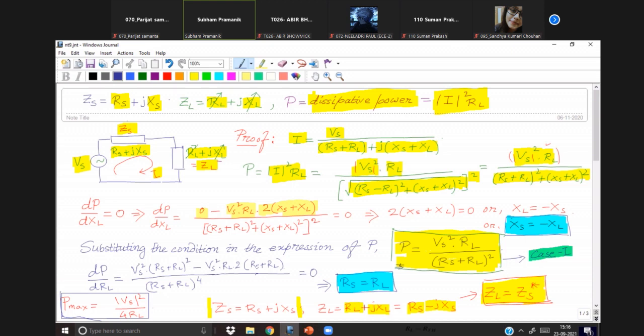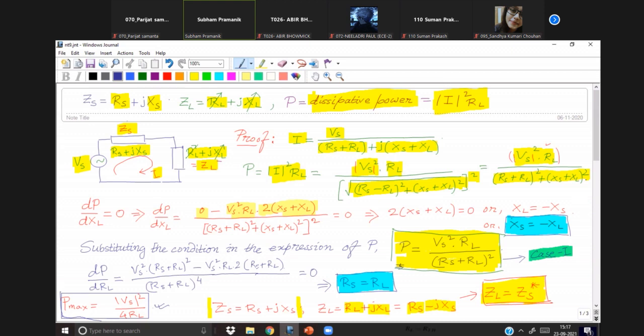But don't forget to take the modulus part only. Similarly, if you are finding the power in terms of current, then that will be simply mod I square multiplied by RL. Our maximum power is calculated in this way. Remember last day, VTH square divided by 4RL or 4RTH, whatever. Similarly here, the difference is you need to take the modulus part, mod Vs.